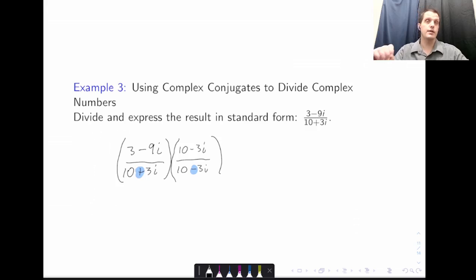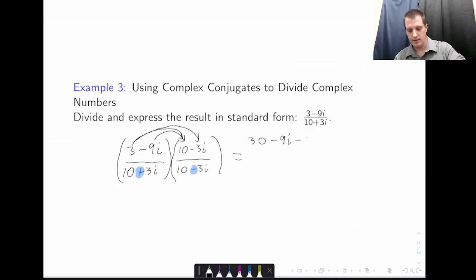If you memorize the pattern, then it's just a matter of distributing the top portion. So we're going to get a 3 times 10, which is a 30. A 3 times a negative 3i, which gives us a minus 9i. A negative 9i times a 10, which gives us a negative 90i, and then that's negative 9 times the negative 3, which gives us a plus 27i squared.